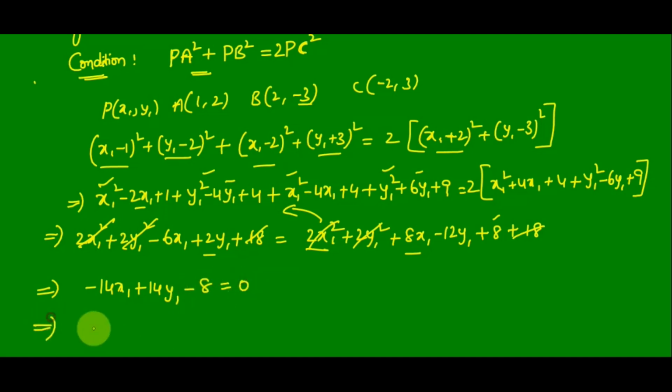So now I'll take a minus 2 common in this. If I take minus 2 common, I'll get 7x minus 7y plus 4 is equal to 0. When this minus 2 goes to the right side, it will get divided by 2, and it will be equal to 0 itself.